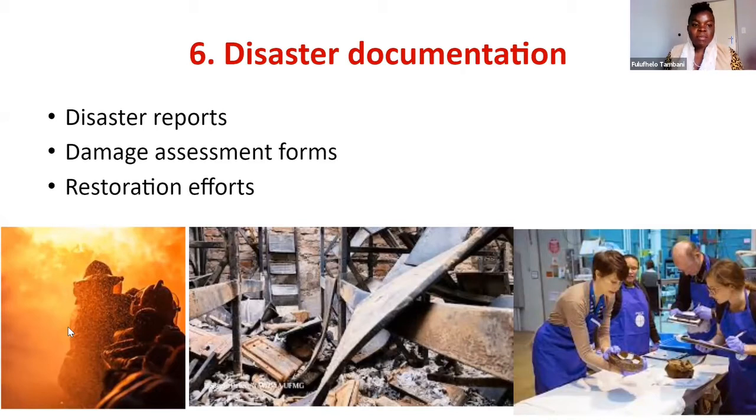Even damage assessment forms to indicate what was damaged, at what level, and all that information. Also restoration efforts. So how do you plan to restore whatever was damaged? This information needs to be recorded.